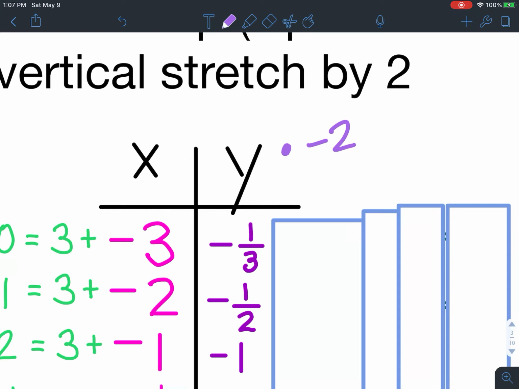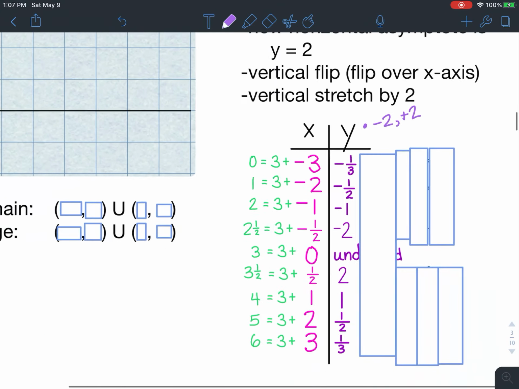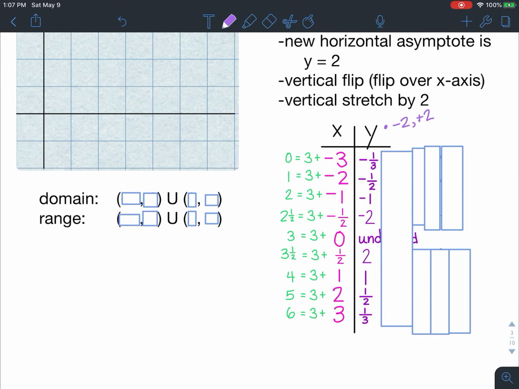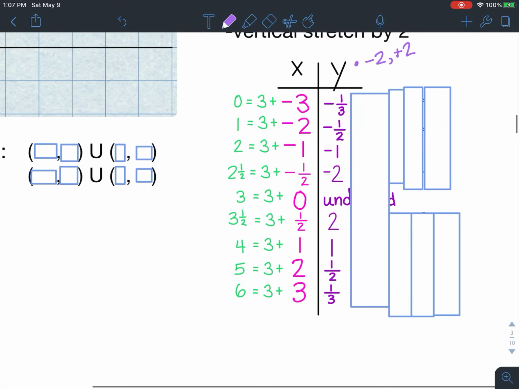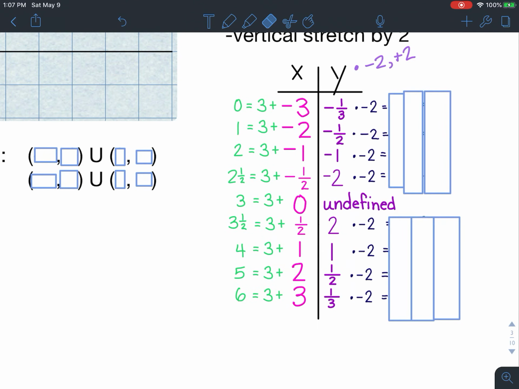And then when you get that answer, then you'll add 2 for the vertical shift. So at least you don't have to do 3 separate things. So first we're multiplying all of our y values by -2, except for the undefined, because you can't multiply undefined by -2. So then we get all of our answers when we multiply by -2.